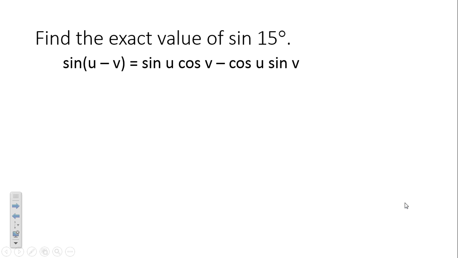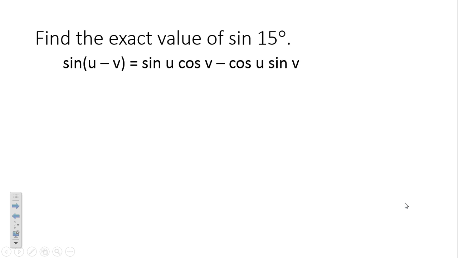So we have to ask ourselves, what values do we know that we can use in order to get 15 degrees? We know sine, cosine, tangent of 0, 30, 45, 60, 90, and then the multiples of those, right?